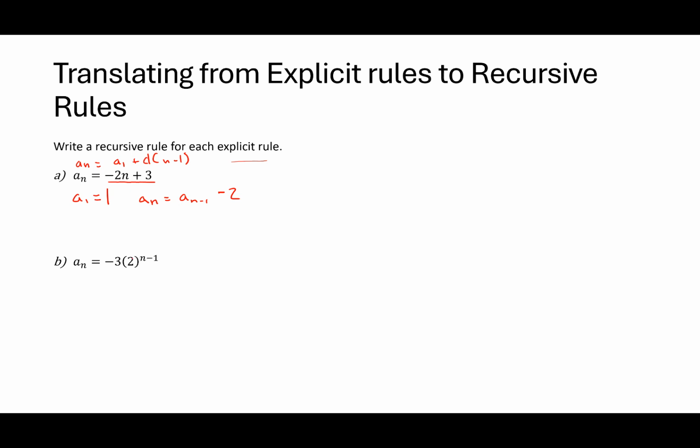All right, let's see. This one is written in the form that we're familiar with for geometric sequences. So I can tell that the first term was a negative 3. Now to find any number, we take the previous number, a of n minus 1.